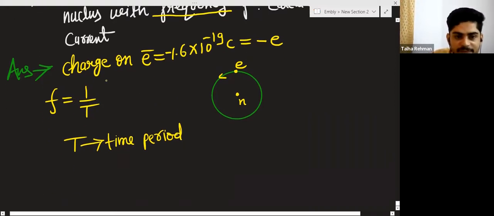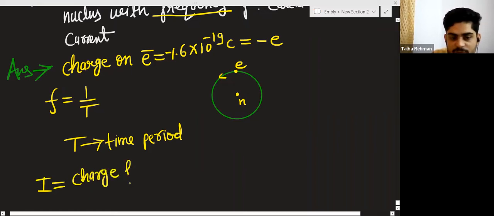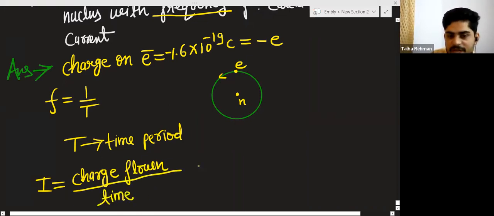So we want to find the value of current, and current is charge flown divided by time interval. I have told you in the beginning.